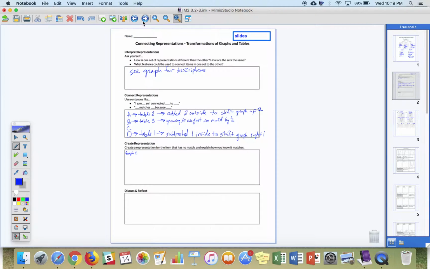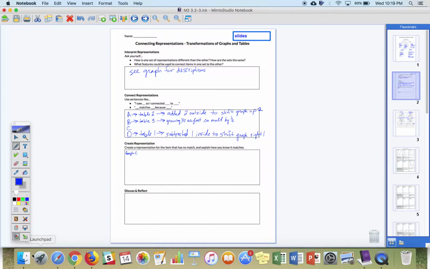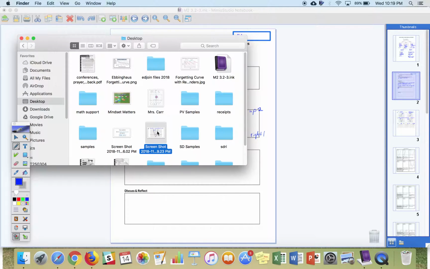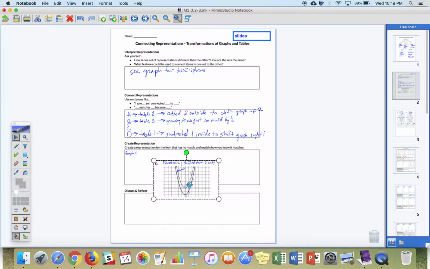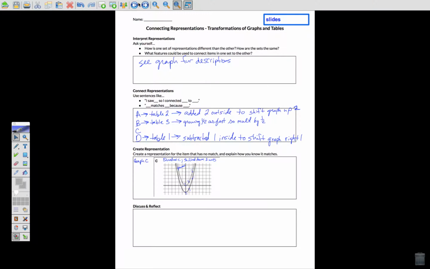I'm going to cheat and just copy it so I don't have to switch back and forth. And drag that guy in here. So there's our graph C, and we're going to make a table that goes with it.